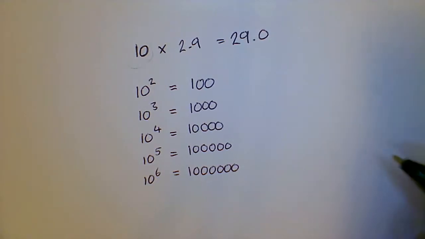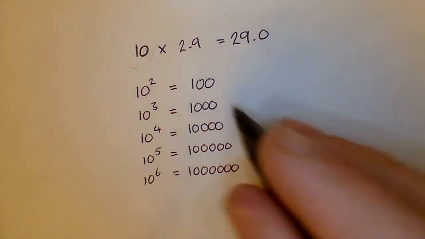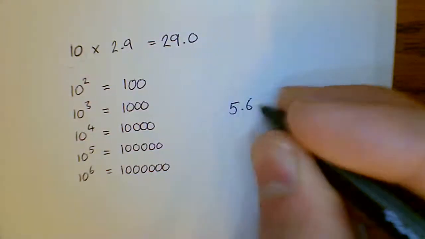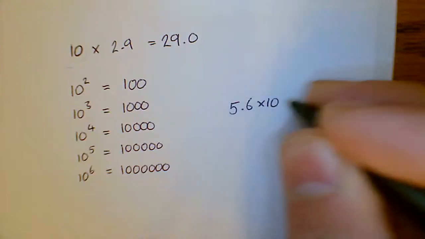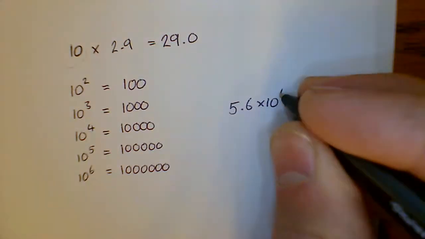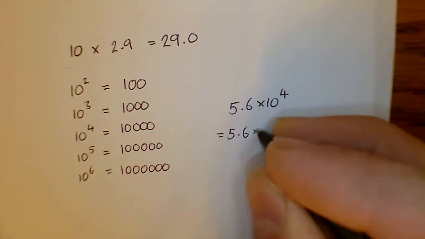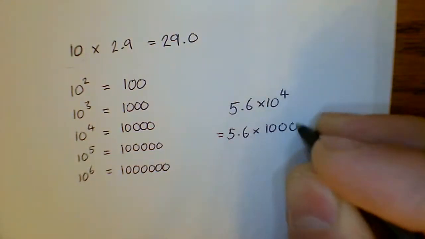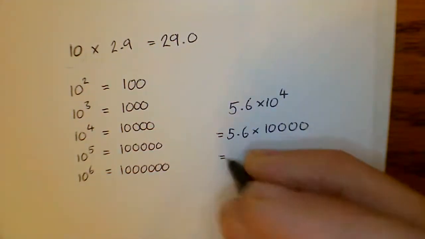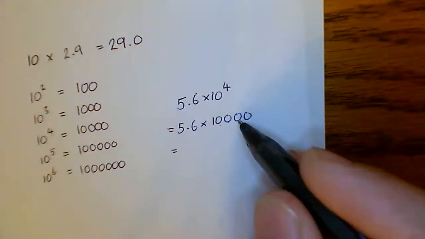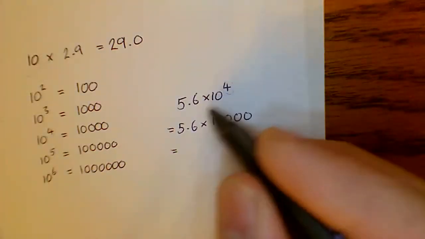Now this is useful because if we do something like 5.6 times 10 to the 4, that's 5.6 times 10,000. That means we're moving that number along once, twice, 3 times, 4 times, or 4 lots of 10 that we're moving along by.